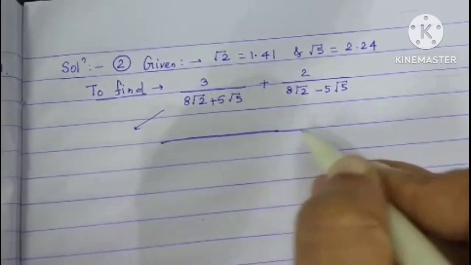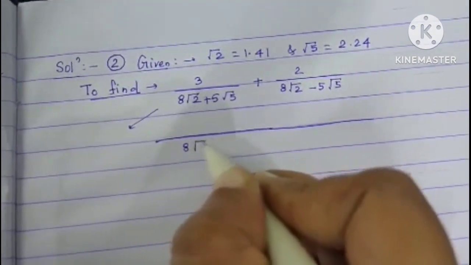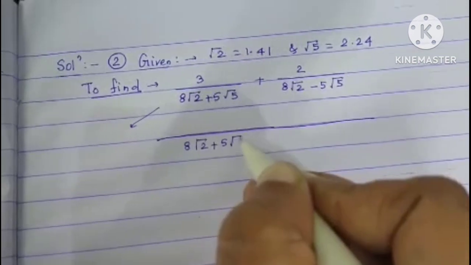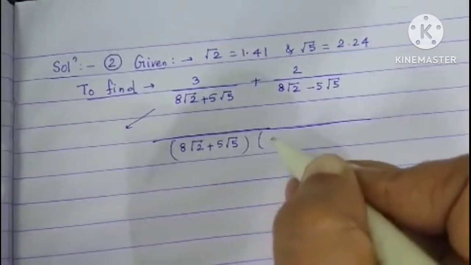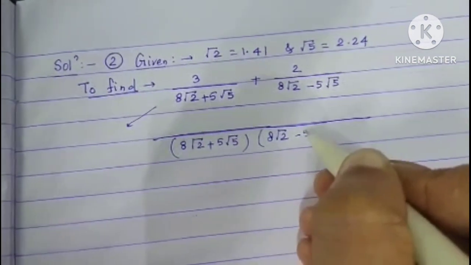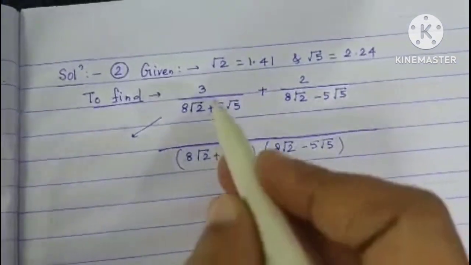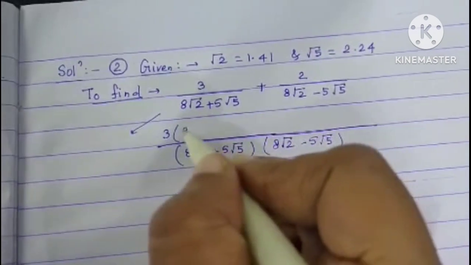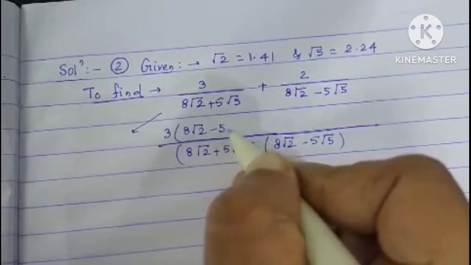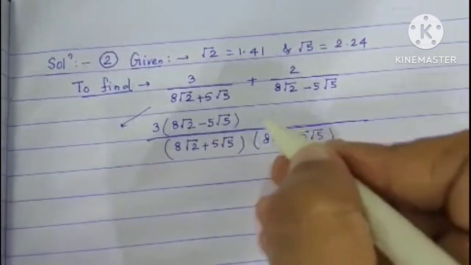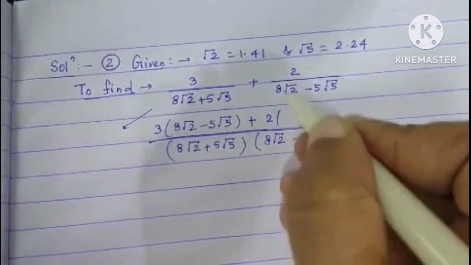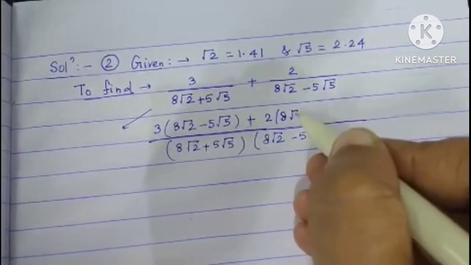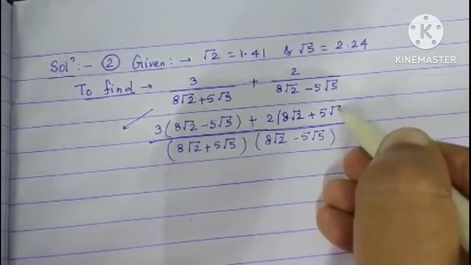If we solve it directly, the LCM will be 8 root 2 plus 5 root 5 multiplied by 8 root 2 minus 5 root 5, and in the numerator it will come 3 multiplied by this one, 8 root 2 minus 5 root 5. Simple addition we are doing, plus 2 and this one, 8 root 2 plus 5 root 5.